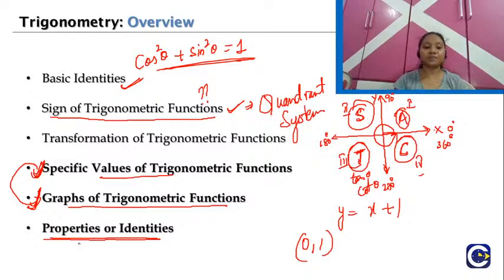These are new properties, new identities which you are going to learn in this session. So without delay, we'll start with our first topic, the specific values of trigonometric functions.